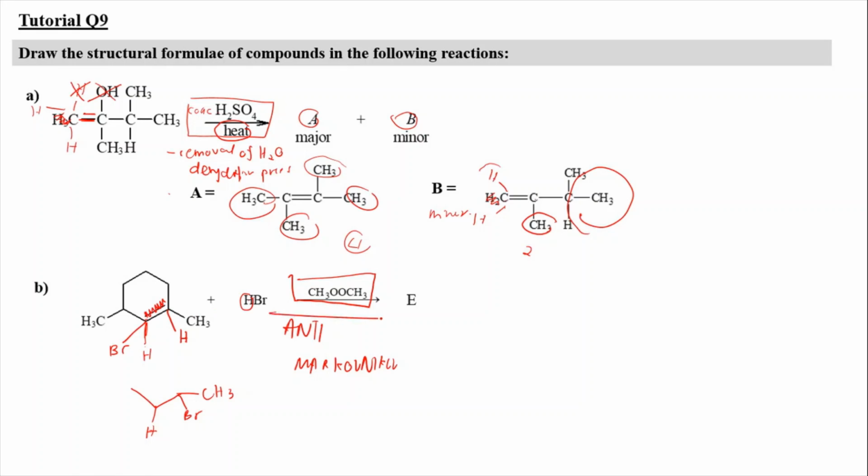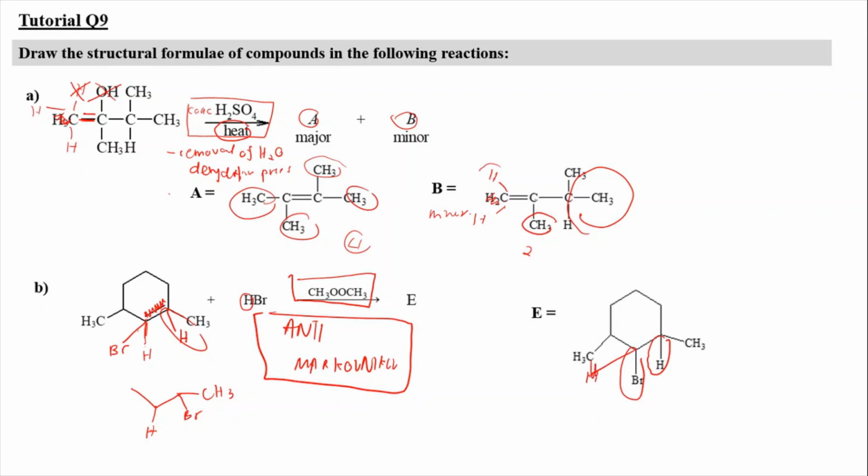Okay, and this follows the anti-Markovnikov rule. So you can draw the structure again, and hydrogen is attached here, and the Br is attached here, and the hydrogen here is being hidden. Okay, you can draw it out or you can hide it. Okay, so that's for tutorial question 9.